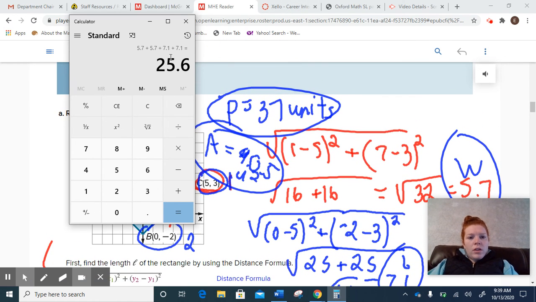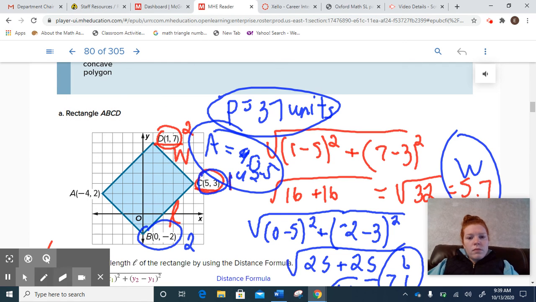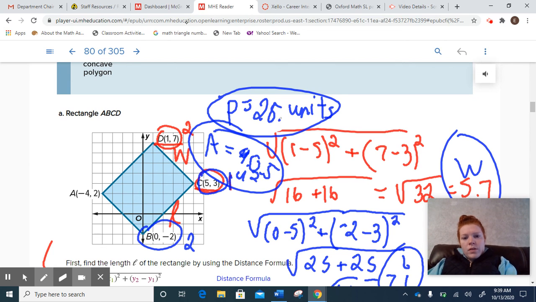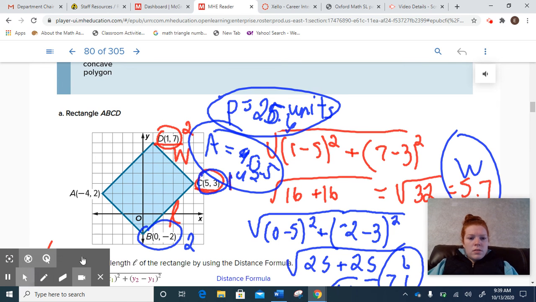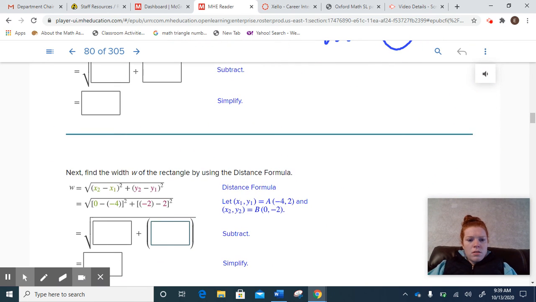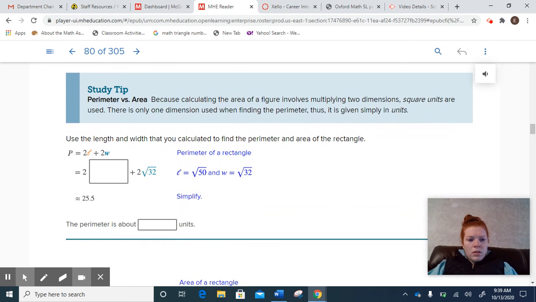So I had a calculator error somewhere in there. So this one is not right. This one was 25.6 roughly, which I think is close to what they got. Let's see, 25.5, 25.6 is pretty close. Okay, that's better.